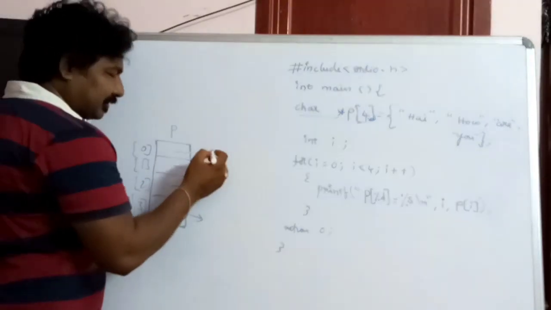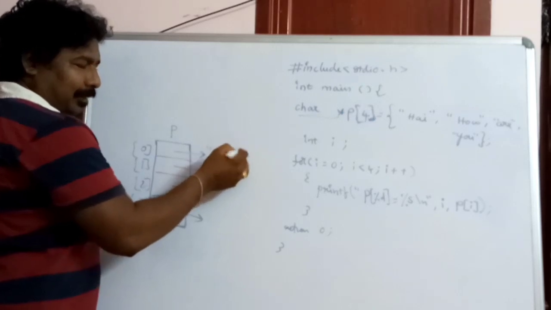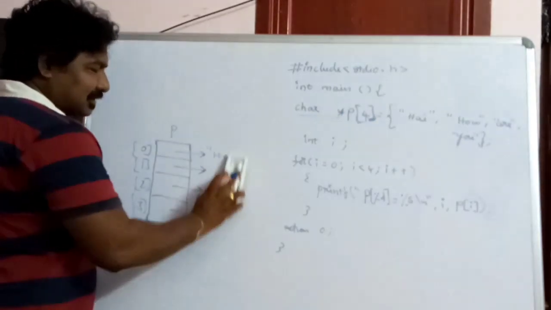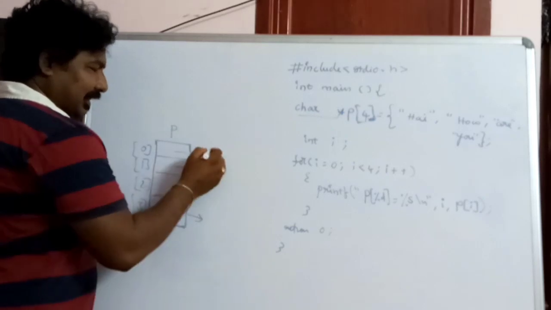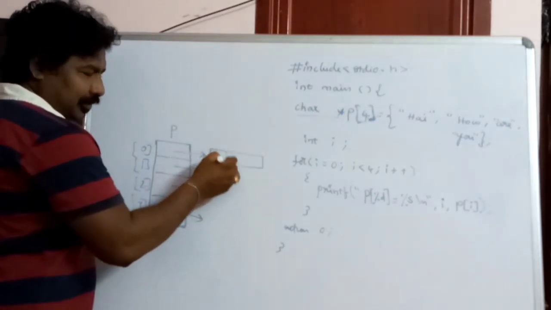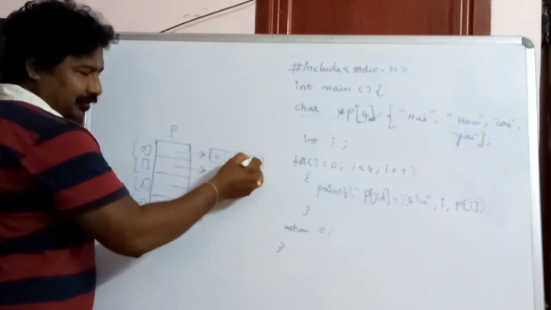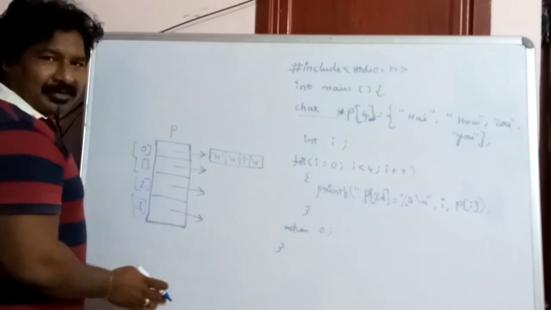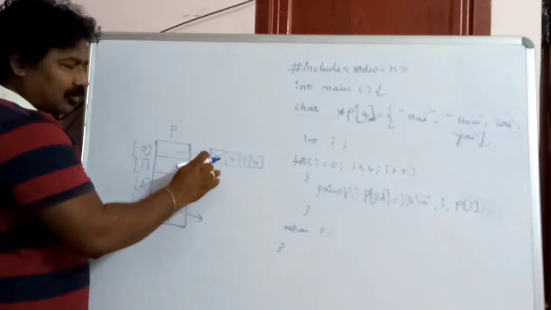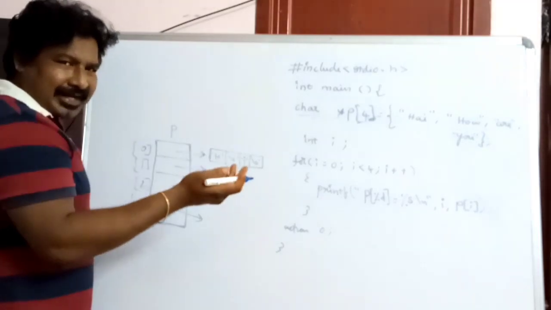Okay, what is the first string? That is hi. So this will be something like this, hi. Or I can say that this is another array, because arrays can be used to represent strings. So you can represent it in both ways: you can just write the string here, or you can assume it as an array of characters.